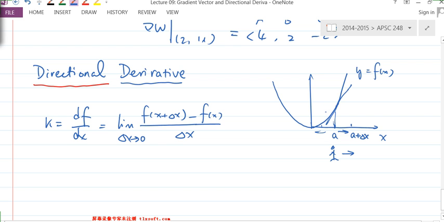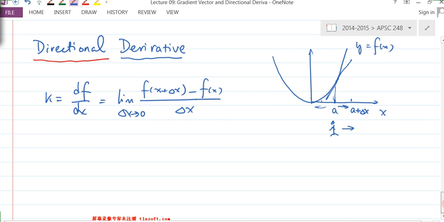I'm extending the concept of slope here. It's not just the one k here. I'm extending the concept by taking into account the direction of the changes, which direction you're going to walk. That is essentially the whole idea of a directional derivative.